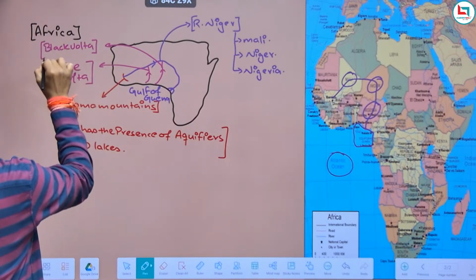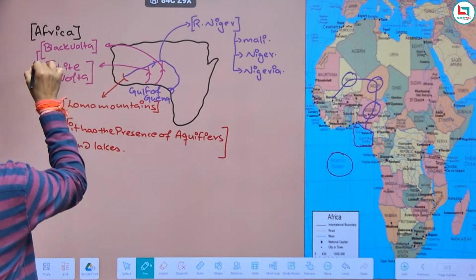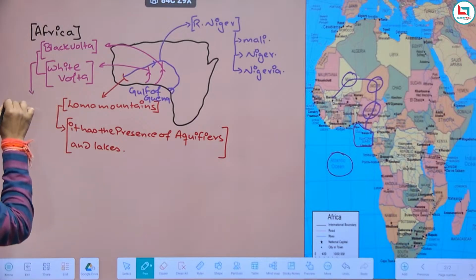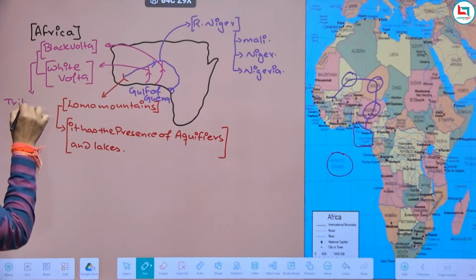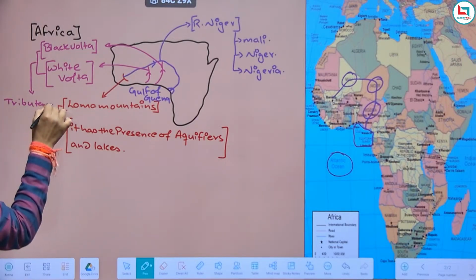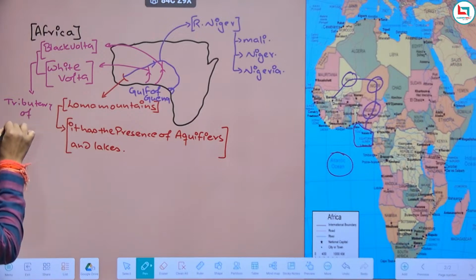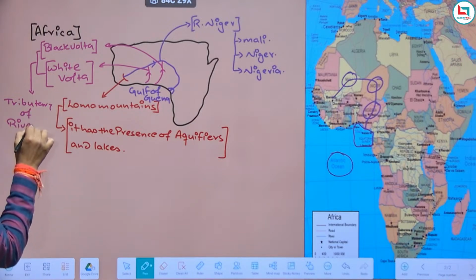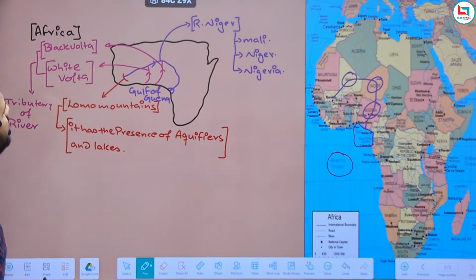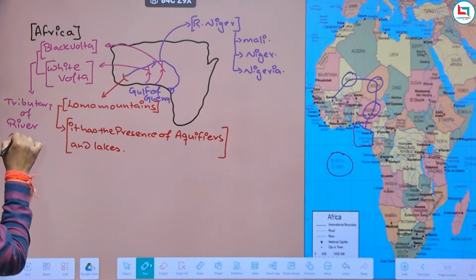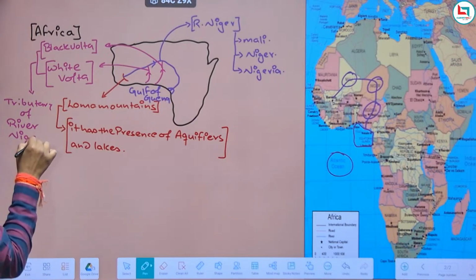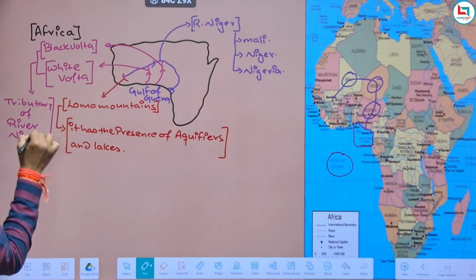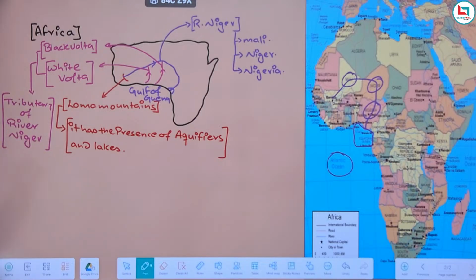They both are tributaries of River Niger. Remember this point.